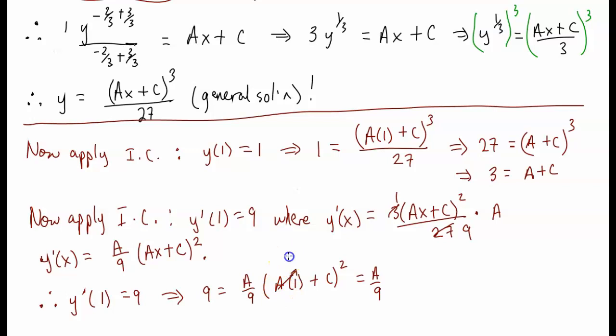Of course, all of this is just a. And if you remember here, a plus c is equal to 3. And of course, that tells us, since 3 squared is 9, that a is just equal to 9 here.